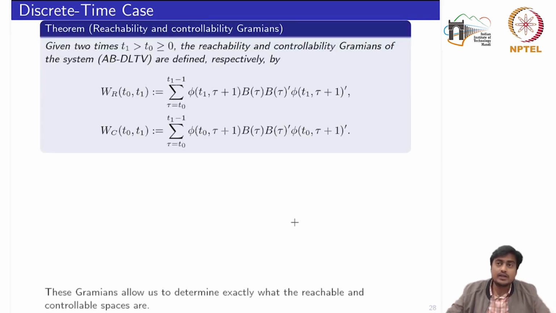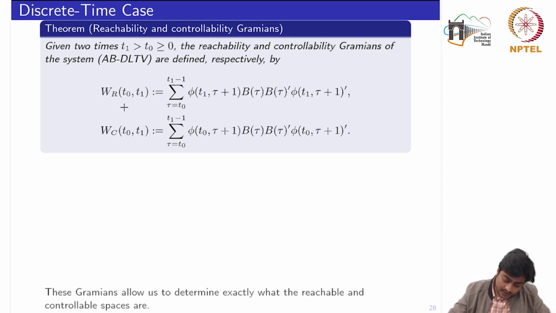Talking about the Gramians, in a similar way to what we had discussed for the continuous time system, we define two Gramians. One is the reachability Gramian. Another one is the controllability Gramian. The idea of introducing these Gramians is to characterize the complete subspace.